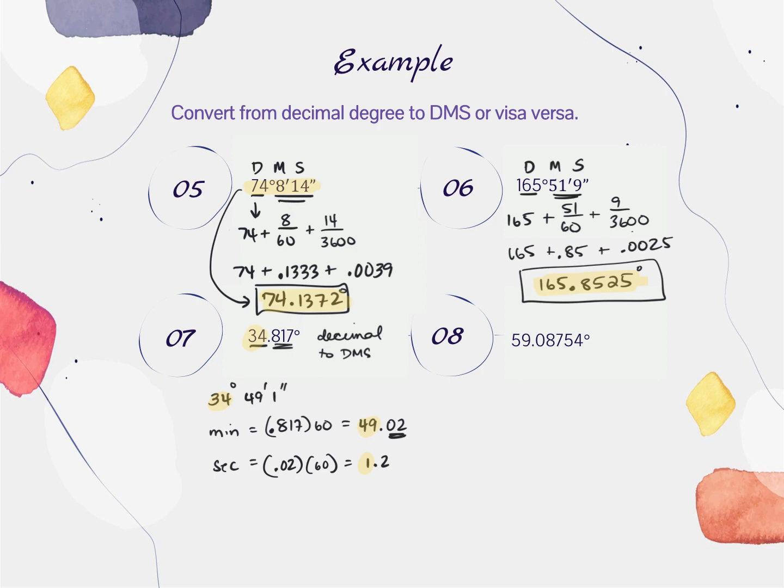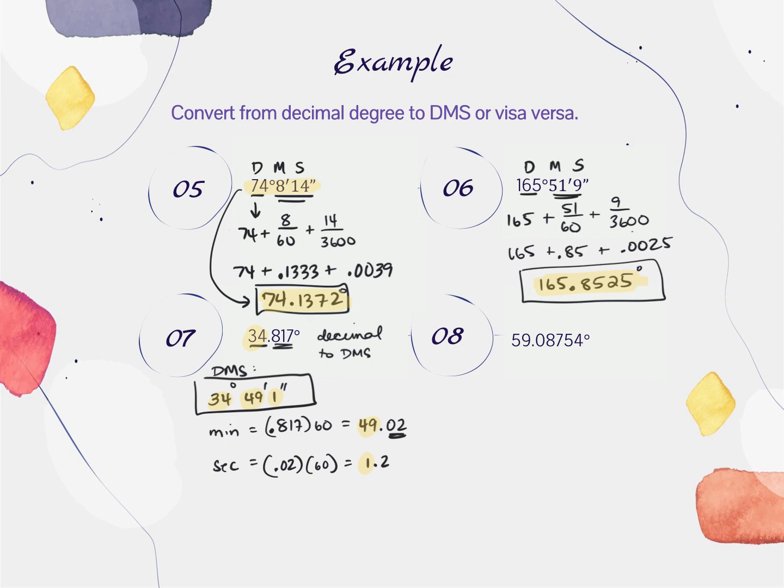And so this combination of 34 degrees, 49 minutes, and 1 second is the DMS form of my decimal. So this is the DMS form, like that. And so again, it's weird. I'm just going to multiply the decimal portion of each thing by 60, and the whole number part of it becomes the minutes or becomes the seconds. Again, we'll do one more, and I think it'll make sense to you.